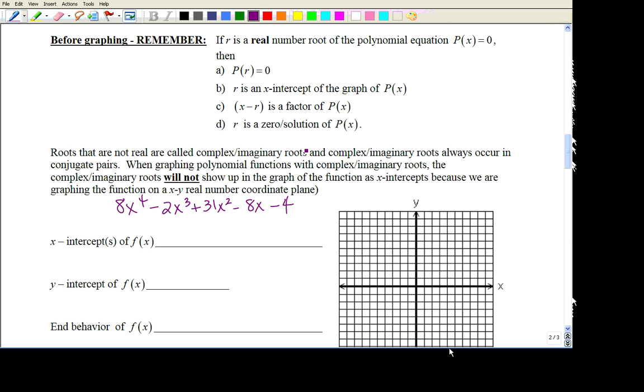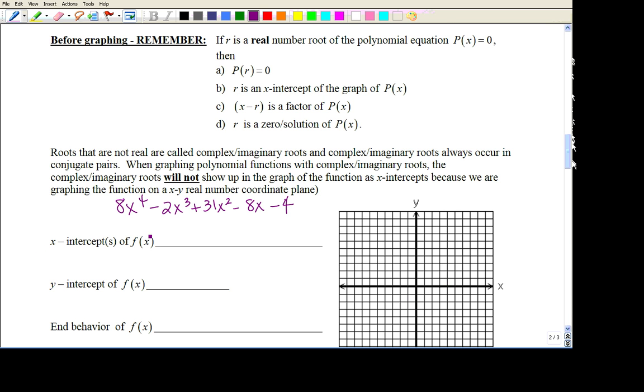So when graphing polynomial functions with complex imaginary roots, the complex imaginary roots will not show up in the graph of the function as x-intercepts, because we are graphing the function on an xy real number coordinate plane. Since our graph can only have real numbers on it, imaginary numbers will not show up on our graph.